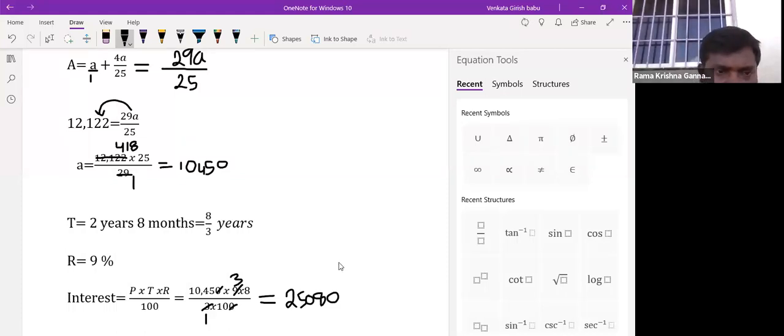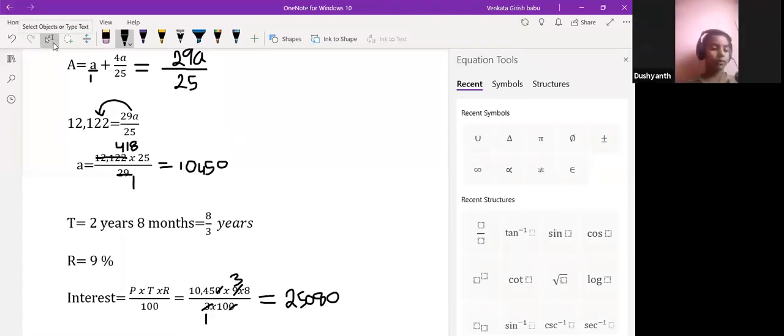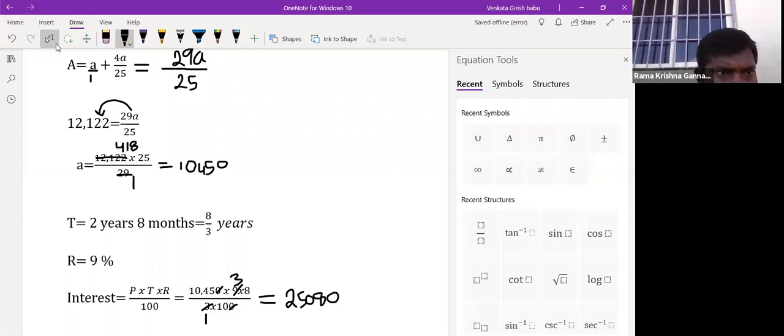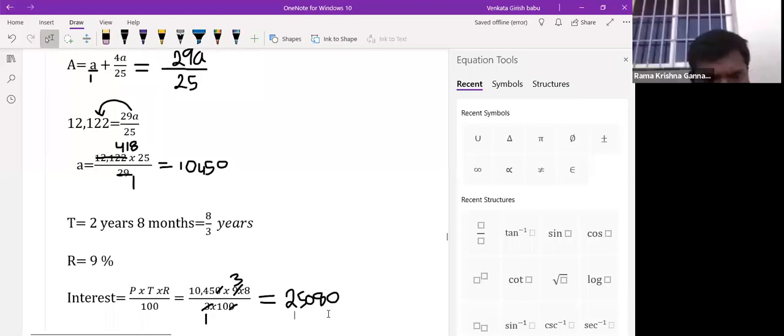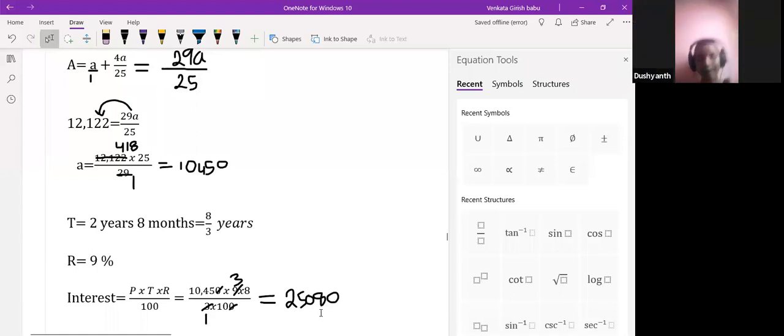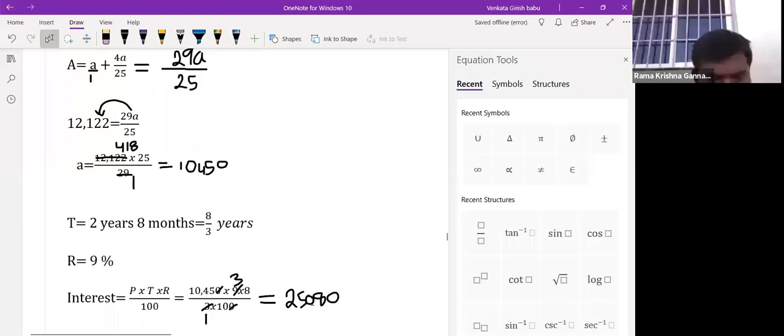Now that is the interest. What is the amount value? 10,450 plus 2580. Add those two.